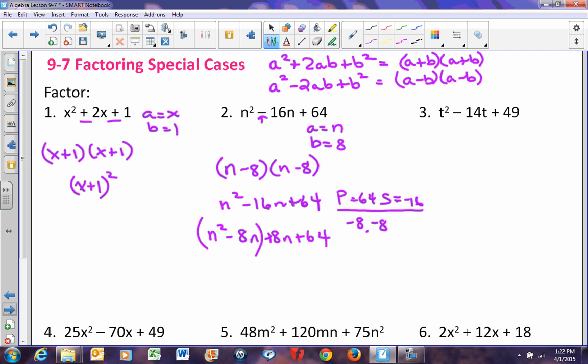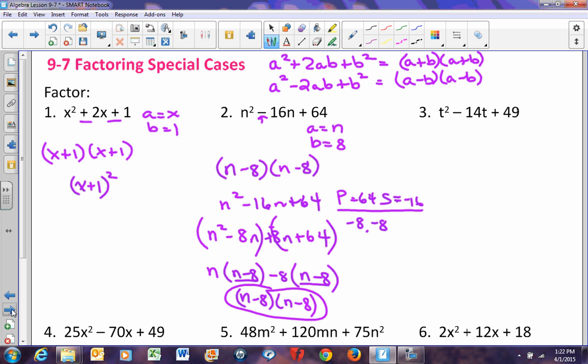Make sure this is a plus, the opposite. And then the last 2, that's a negative 8n. So I can take out an n, and I get n minus 8. Here I can take out a negative 8, and I get n minus 8. So my common term is n minus 8. What I'm left with is n minus 8. You'll still get the same answer. It's just that if you can recognize it's a perfect square trinomial, it's much, much faster.